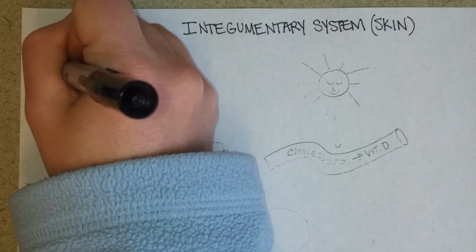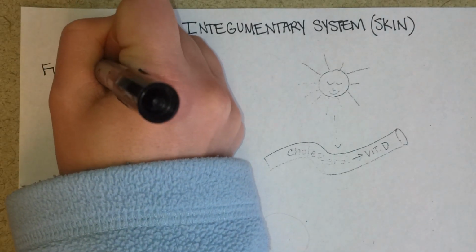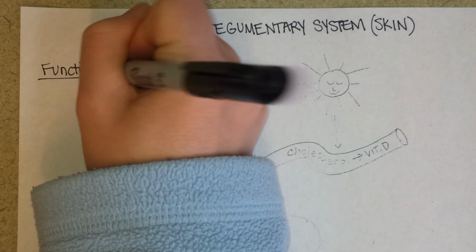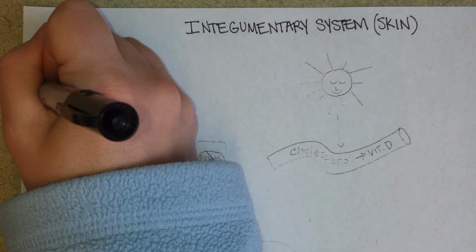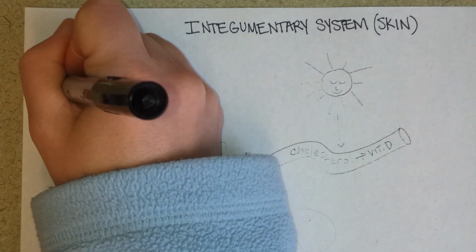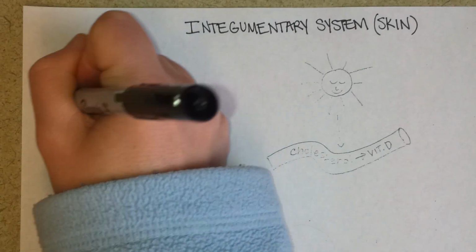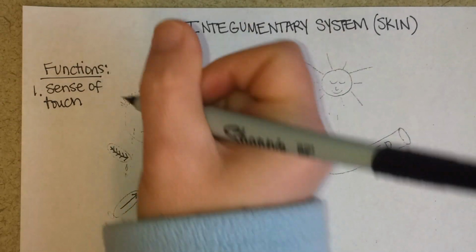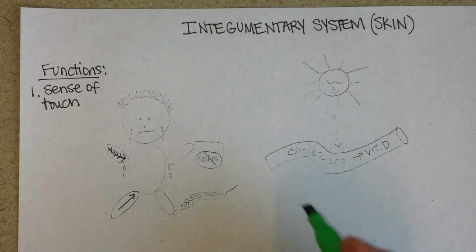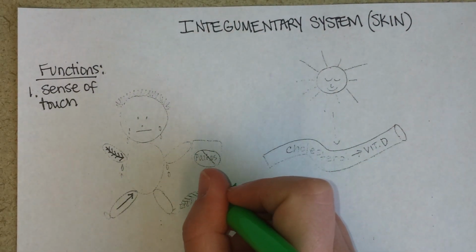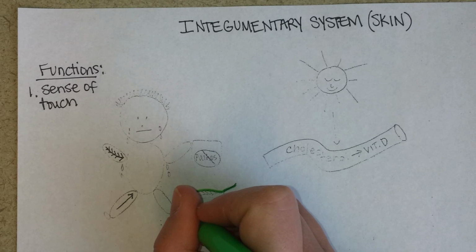So up here, you can write the functions, and we'll use this little drawing to talk about some of those. First of all, you can thank your skin for your sense of touch. And I have a little feather down here tickling this guy's little foot.